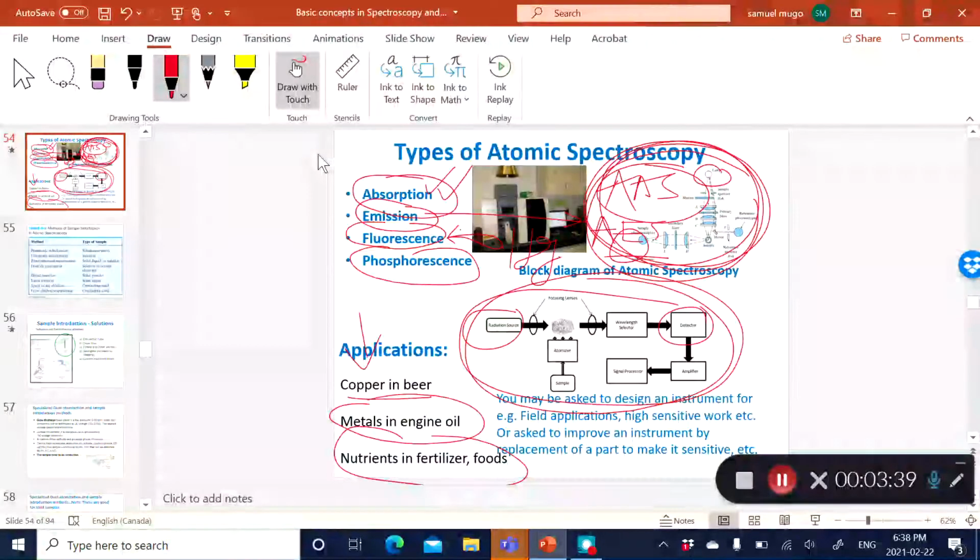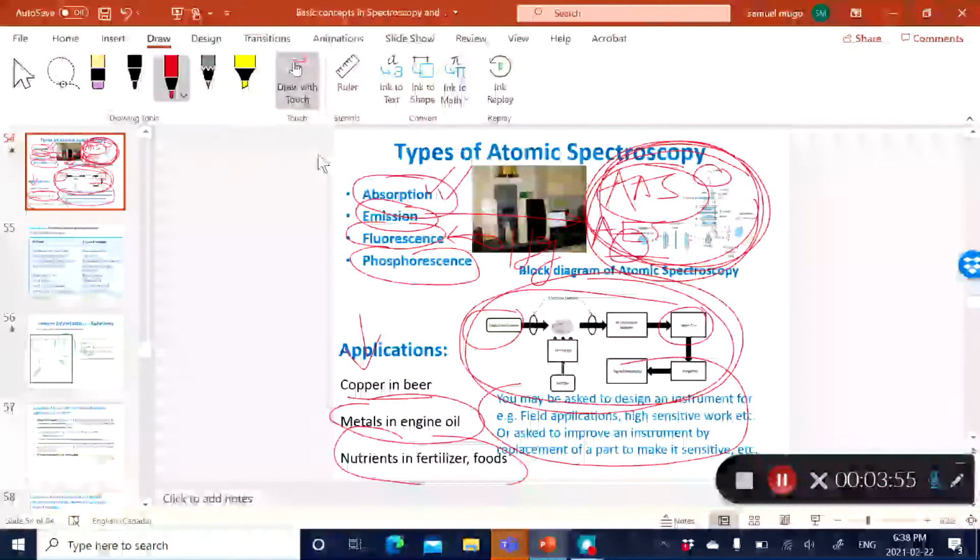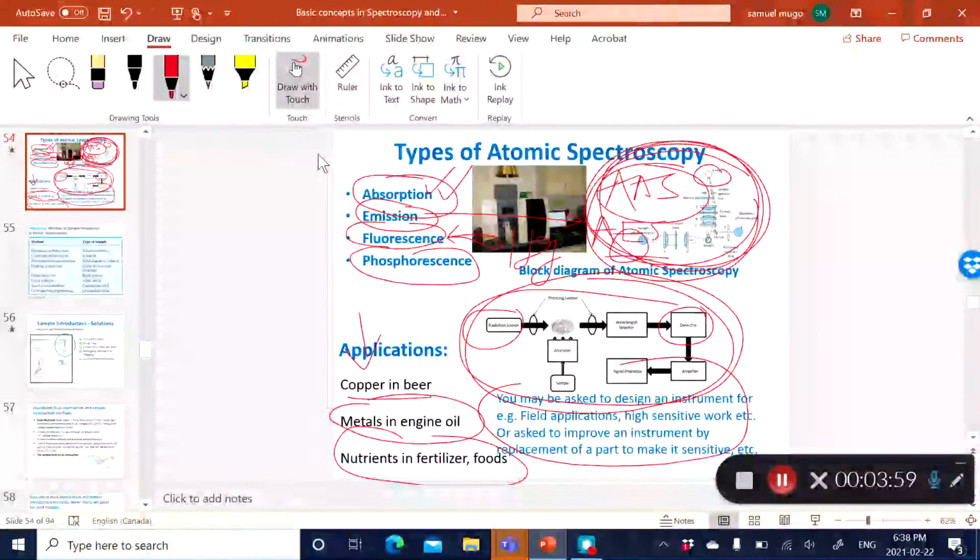Now, for the sake of your exams, for you to really understand what's going on, you can be asked a question such as this: design an instrument, possibly for field applications, which is very highly sensitive. Make sure you determine which choice of component you use to build your system.